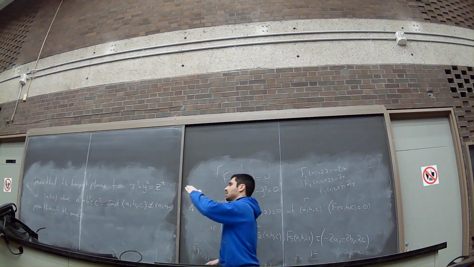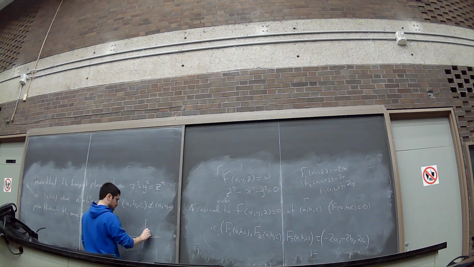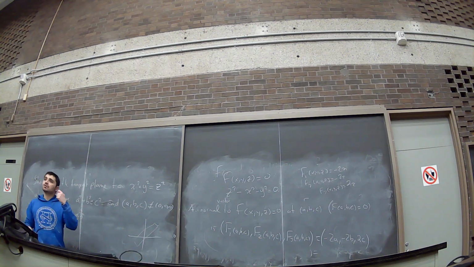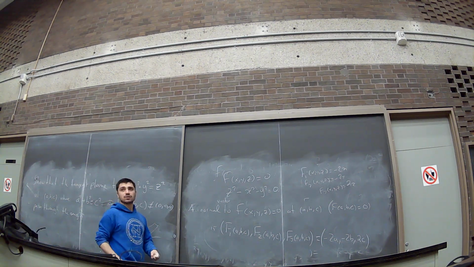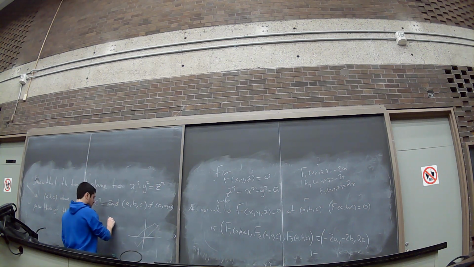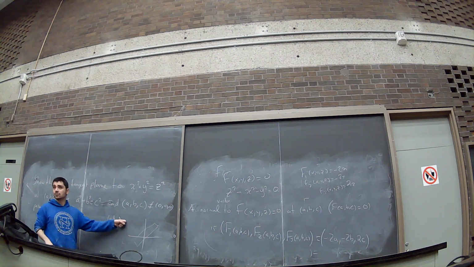So I need to check the tangent plane goes through the origin. I know I have a point on the plane. What is the point on the plane? (a, b, c). And I want to check if the origin belongs to the tangent plane.